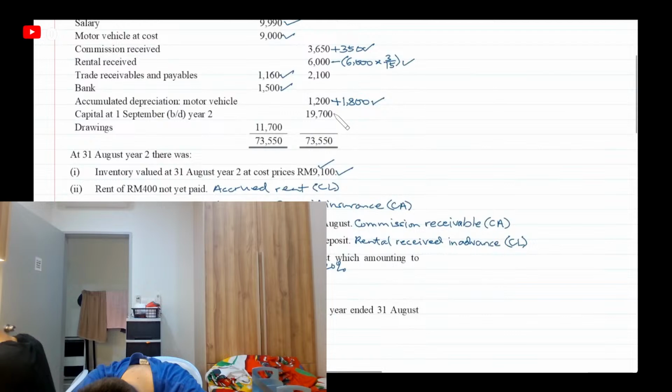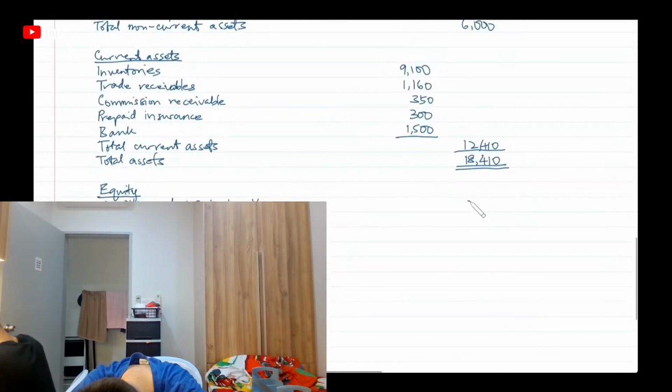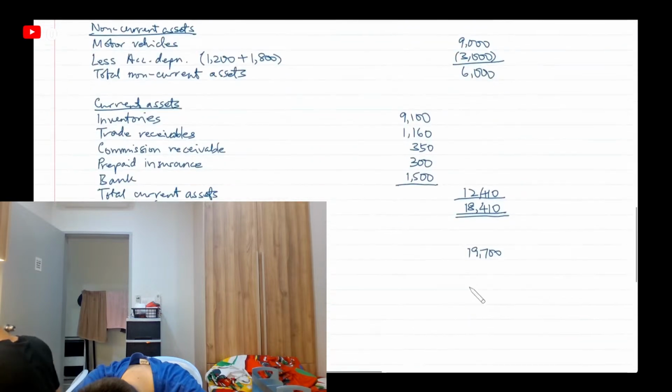The opening capital balance is 19,700 again. We made a profit, so to this capital, we add our net profit for the year. The net profit was 6,710 ringgit. So our capital is increased by the net profit to 26,410 ringgit.